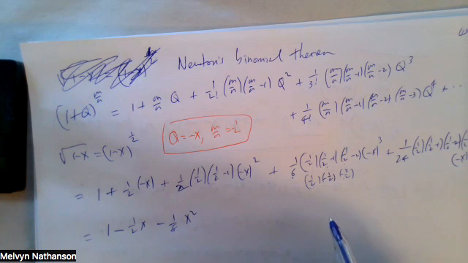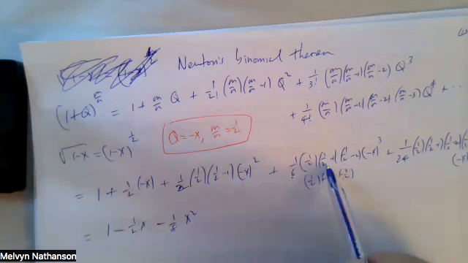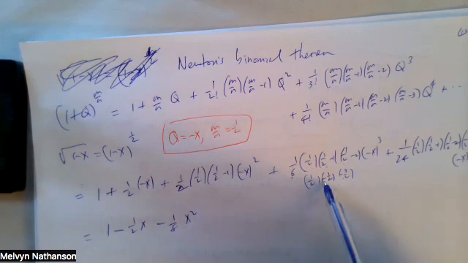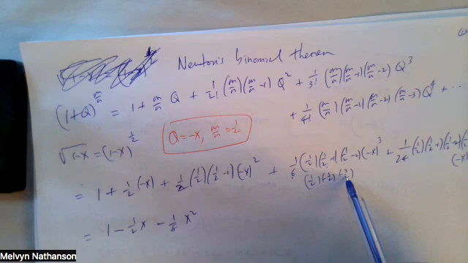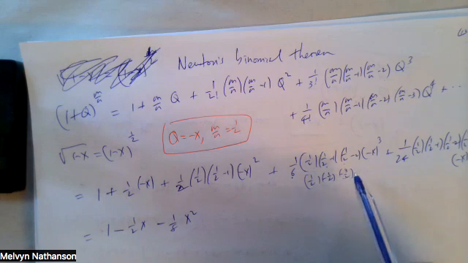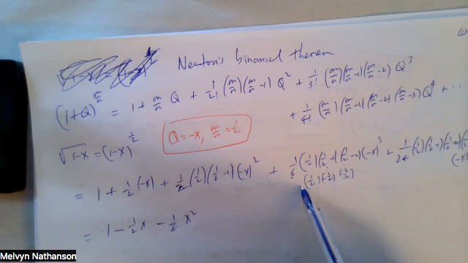Let me just, something here doesn't look right. This is a half, minus 1 is minus a half, minus 2 is minus 3 halves. So this looks like 3 over 8 times a sixth.